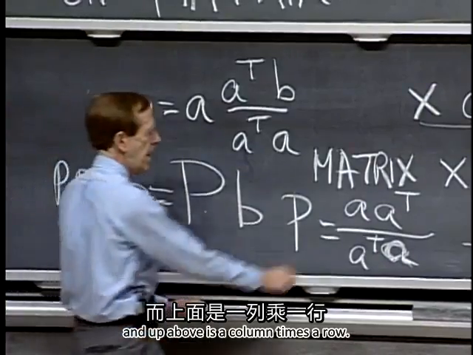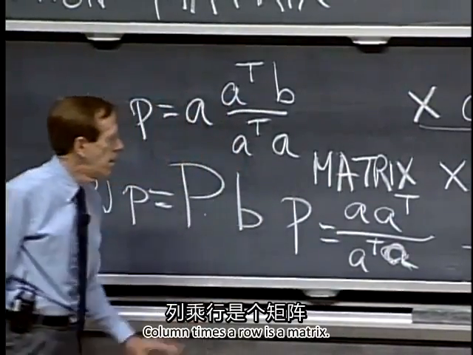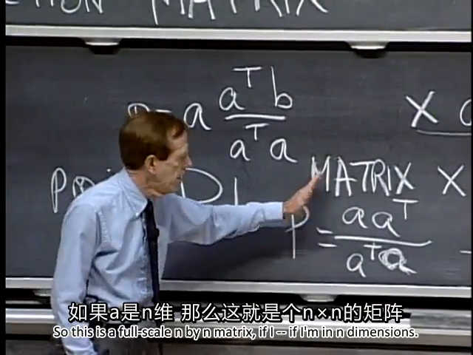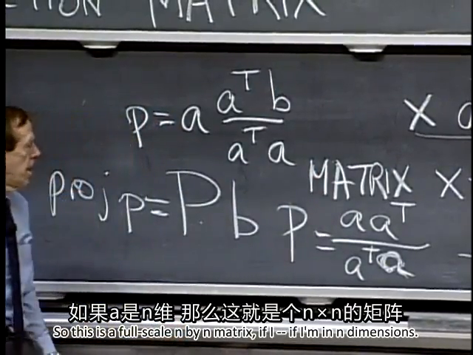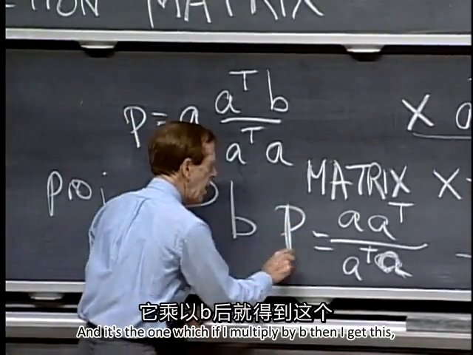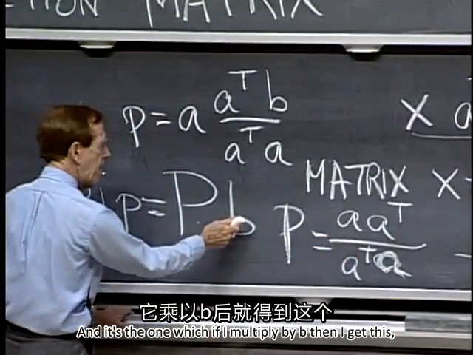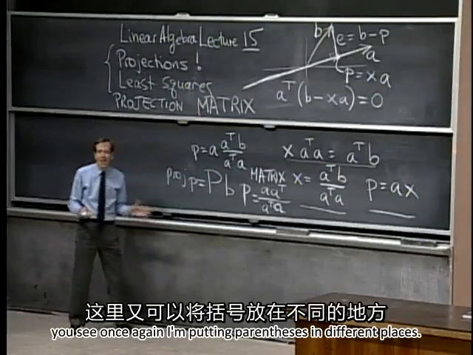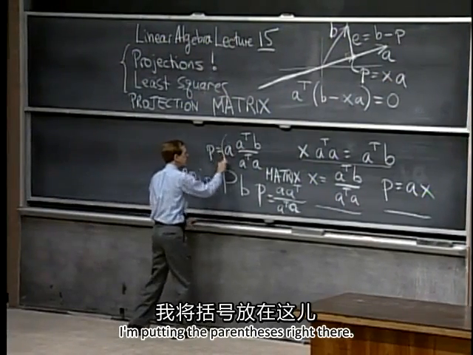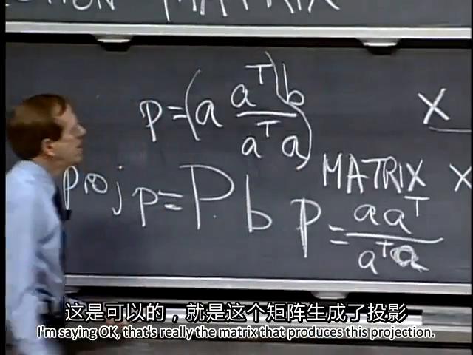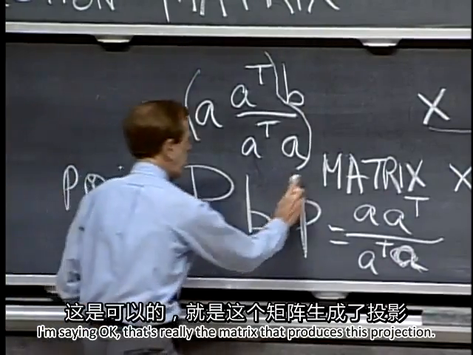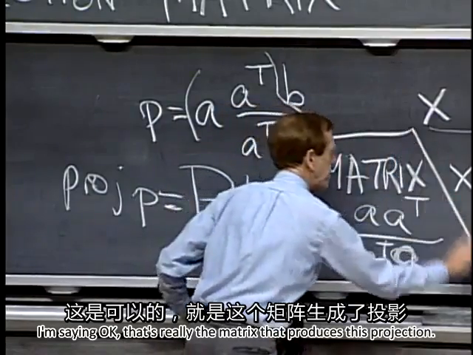And up above is a column times a row. Column times a row is a matrix. So this is a full-scale n by n matrix if I'm in n dimensions. And it's kind of an interesting one. It's the one which, if I multiply by B, then I get this. You see, once again, I'm putting parentheses in different places. I'm saying, okay, that's really the matrix that produces this projection.